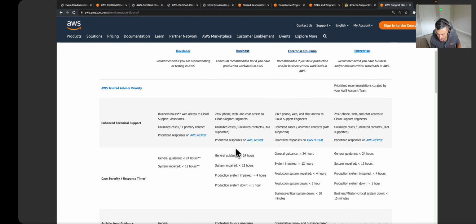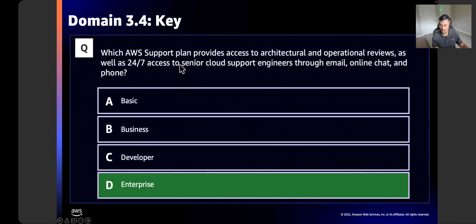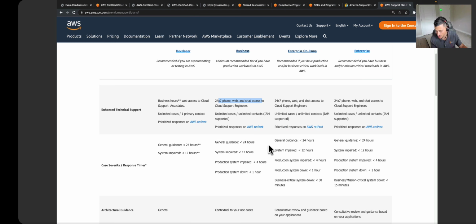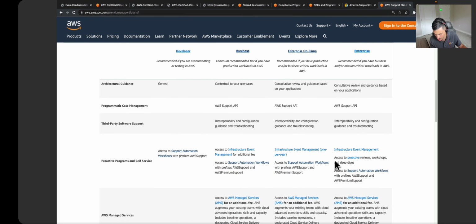And then you can see things like here, you can see that the business plan provides you 24/7 web and chat access to cloud support engineers. So that part of the question where we had 24/7 access could have been the business plan, but the thing that gave it away was the architectural and operational reviews, which I believe is only provided by the enterprise plan.